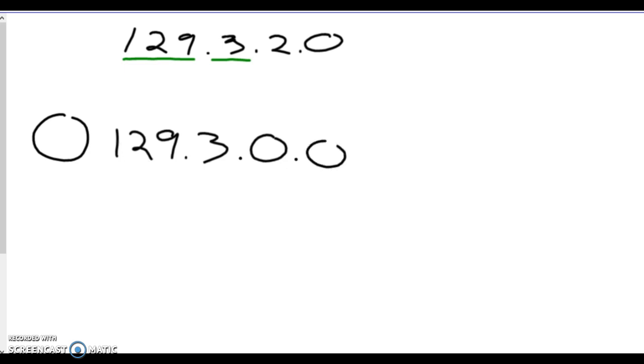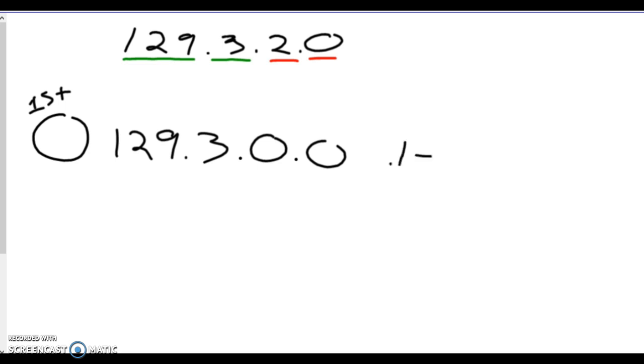It's once again 0.0 because it's the very first subnet, so we're starting at the very beginning of a class B IP. We cannot change the first two octets. So then we'd say that's the network address.